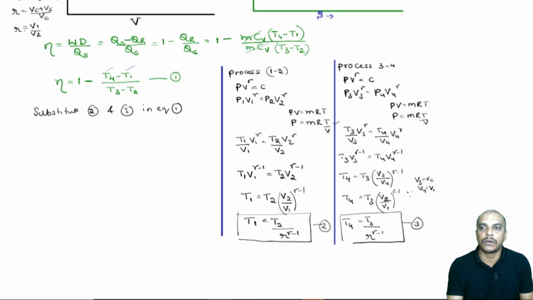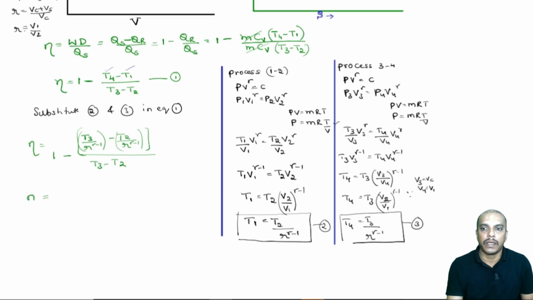Efficiency is equal to 1 minus, in place of T4 we have T3 by r power gamma minus 1, in place of T1 we have T2 by r power gamma minus 1. The denominator is there only as T3 minus T2. Okay. So, 1 minus this term.